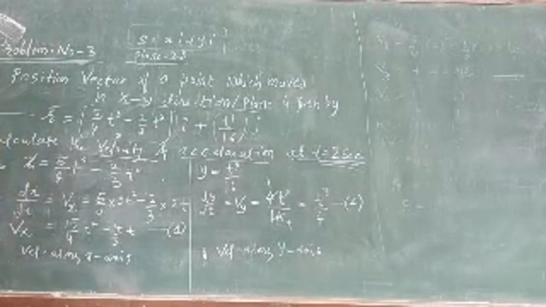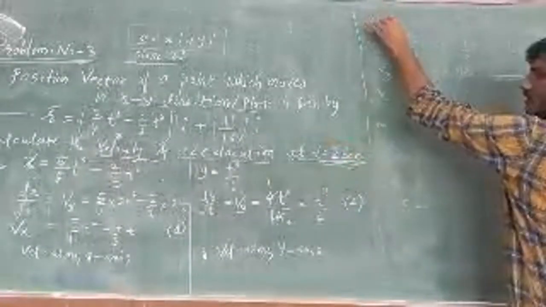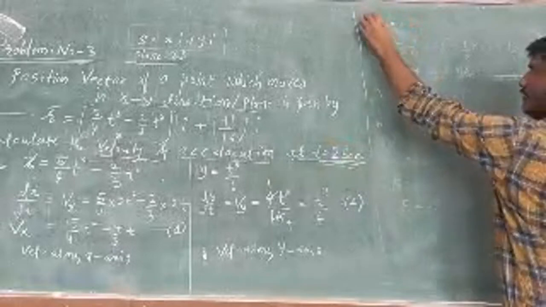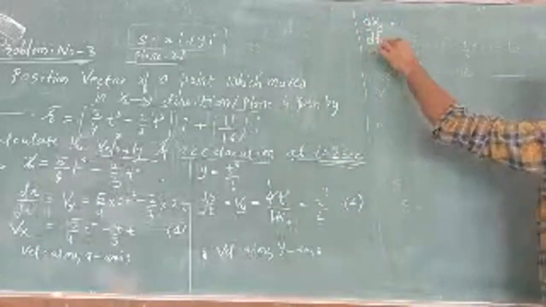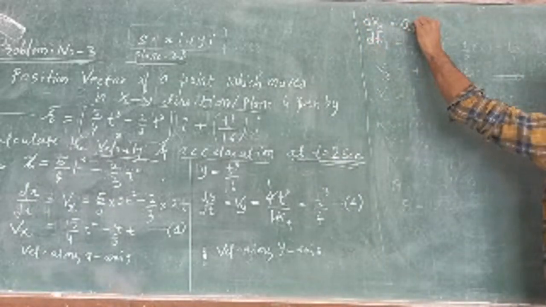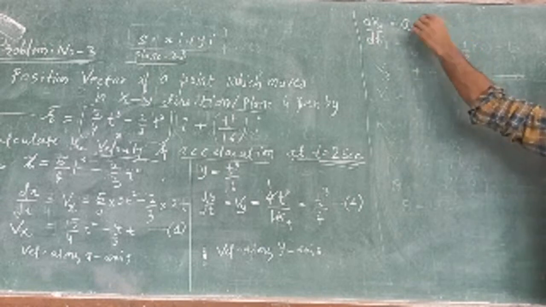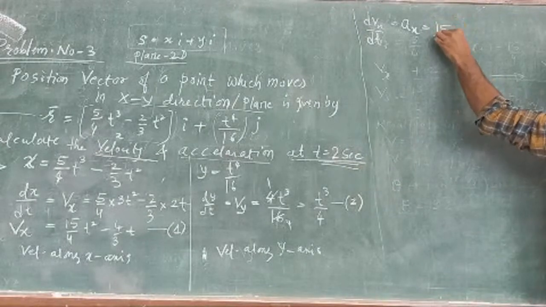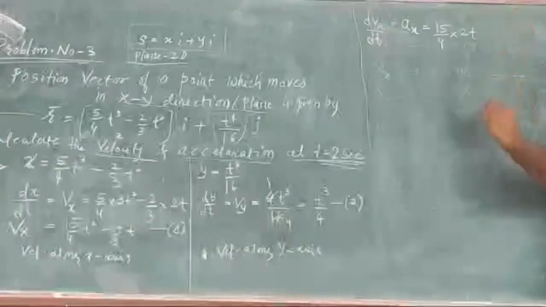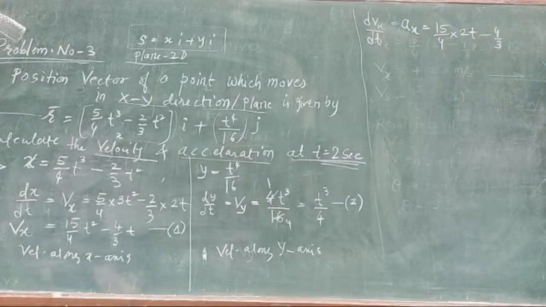Okay, so what is the velocity equation? Vx is equal to 15t² minus 4/3 t. I am going to differentiate now, dvx by dt, so you will get the acceleration along the x-axis, ax. 15 times the derivative of t², that is 2t, minus 4/3 times the derivative of t, which is 1.